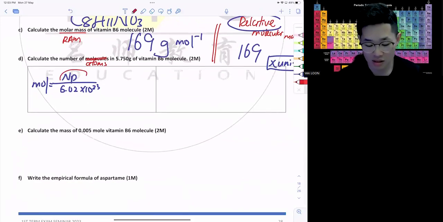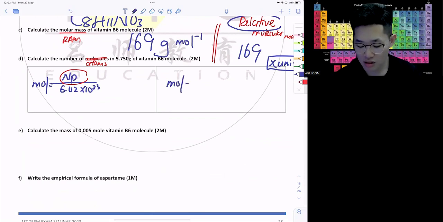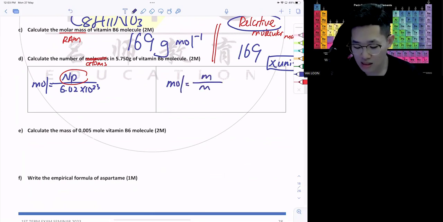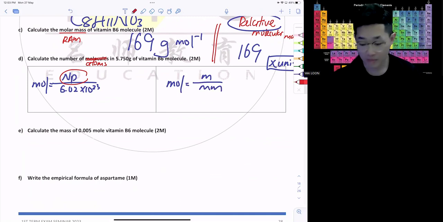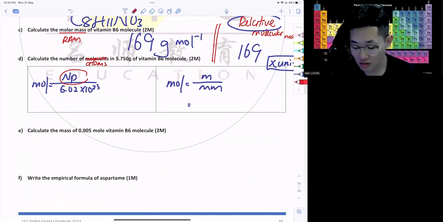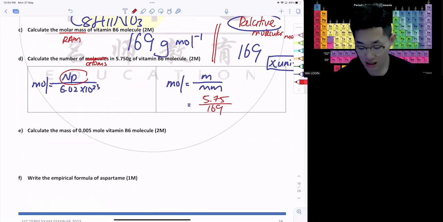We are looking for atoms, so that means NP. They gave me mass as well, so I will be using mass over molar mass. Sub in the value, 5.75 on top, divide by the molar mass 169.